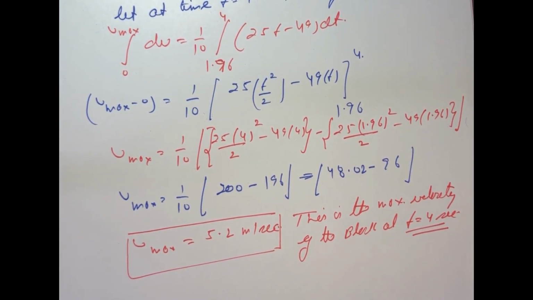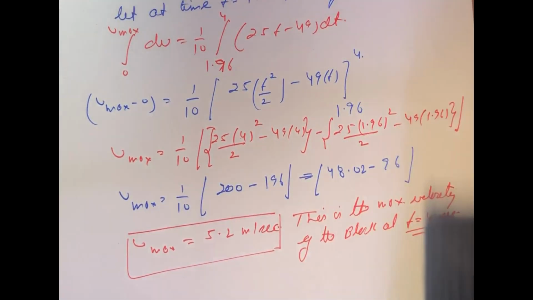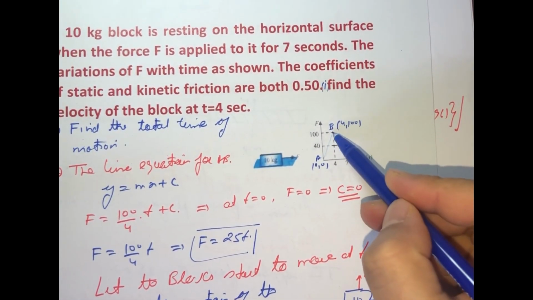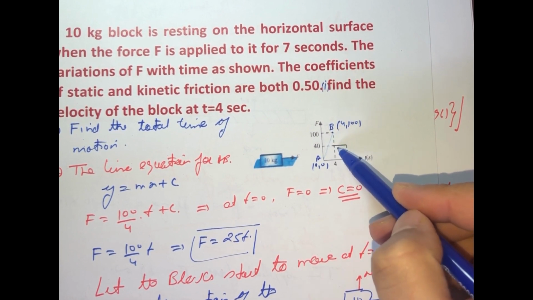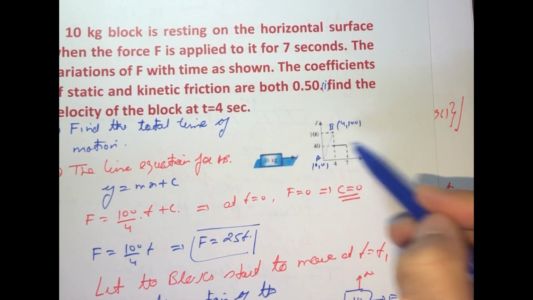Now after t is equal to 4 seconds, you can clearly say that there is a change in the graph. So this is at 4 seconds. After this, suddenly the force decreases, and for 4 to 7 it is close to 40 Newton.